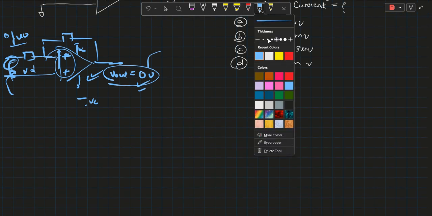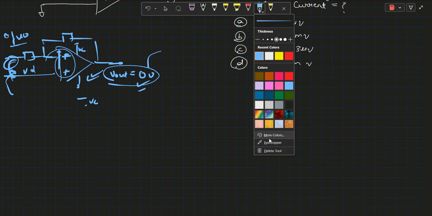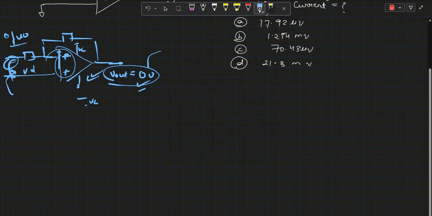Let me draw it. What is this input bias current?